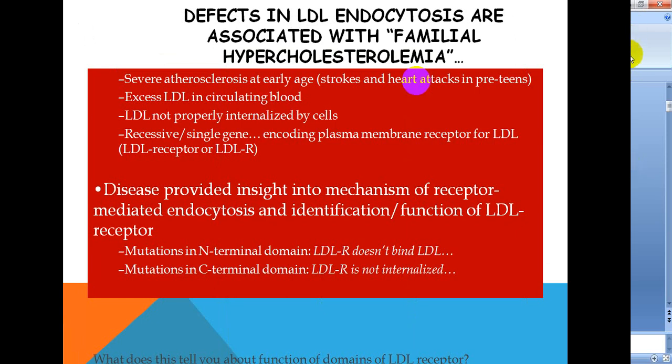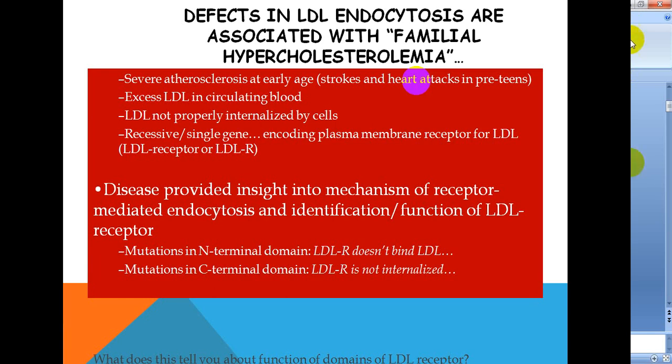Now, when there is a defect in LDL endocytosis, we suffer from diseases like hypercholesterolemia. So in severe cases, atherosclerosis occurs at an early age, that is responsible for strokes and heart attacks in preteens, and there is an excess of LDL in circulating blood, because LDL is not properly internalized by cells.